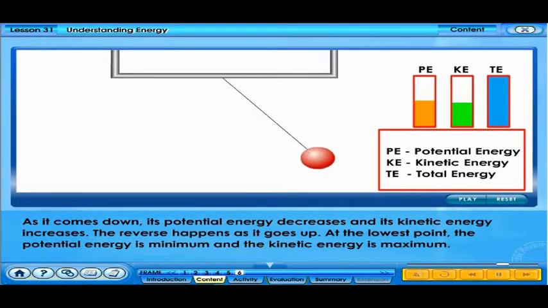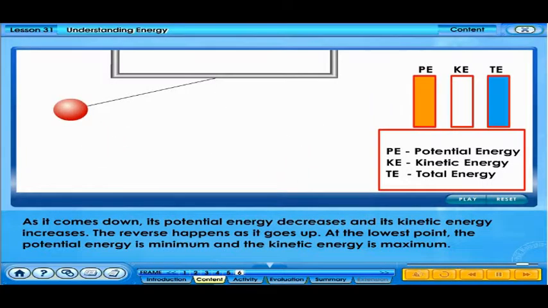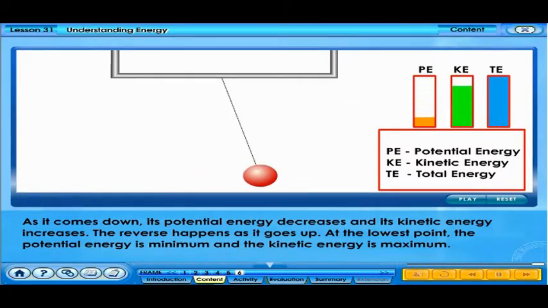As it comes down, its potential energy decreases and its kinetic energy increases. The reverse happens as it goes up. At the lowest point, the potential energy is minimum.